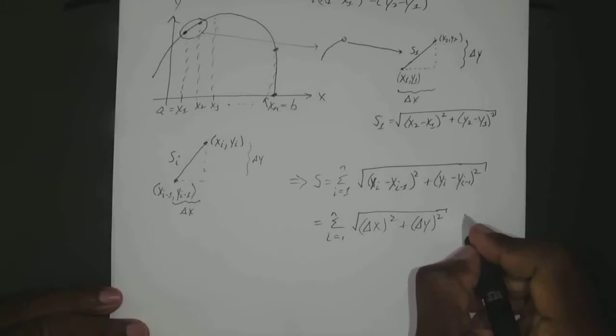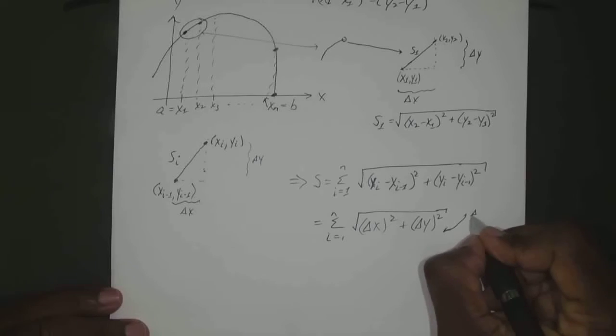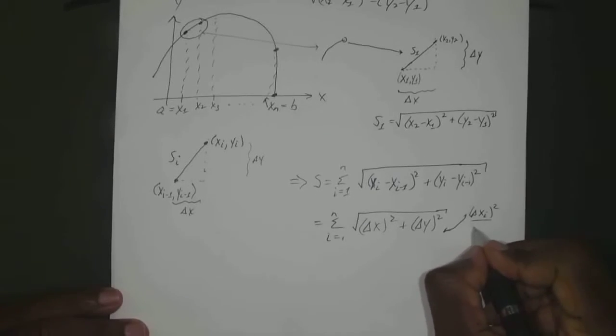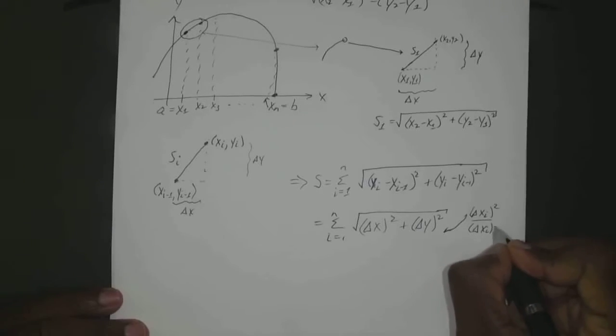Okay, so what if we decide we're going to multiply this by delta x squared over delta x squared.